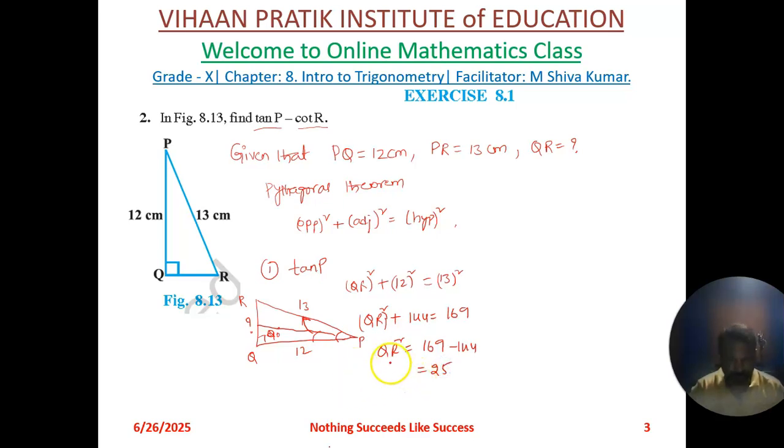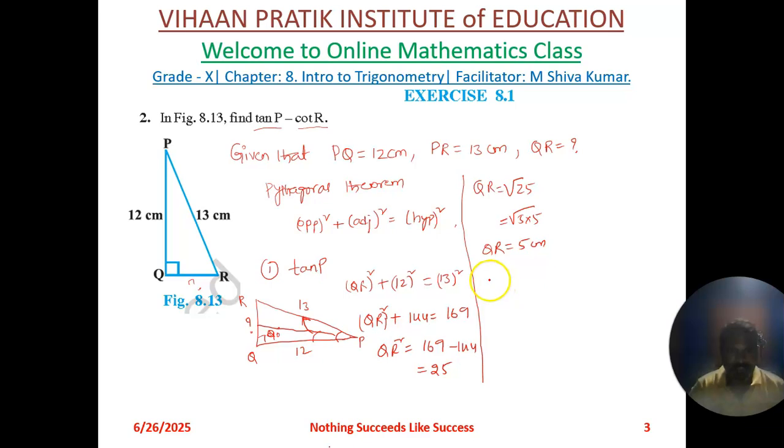So QR equals root 25, which is 5. So the value of QR, the base, is 5 centimeters.